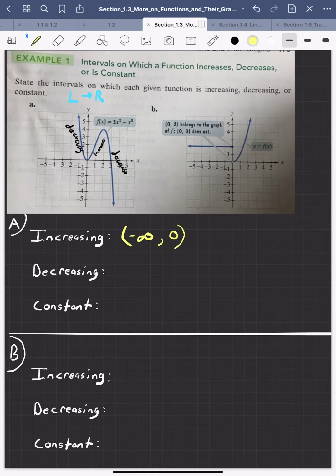Why did I write that under increasing? I meant to write that under decreasing. Okay, and then from 0, we start to increase, and we increase until we get to this particular point right here. So let's see if you agree with me that from 0 to, it looks to be 2, from 0 to 2, we're increasing.